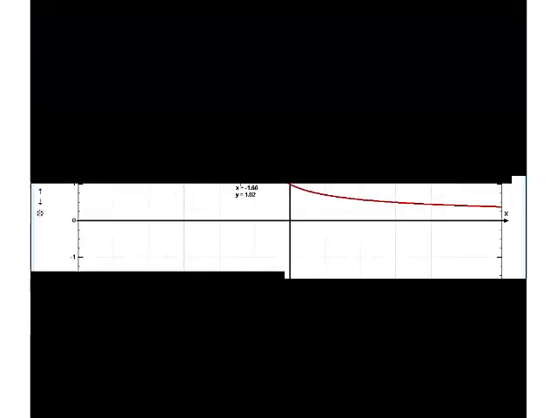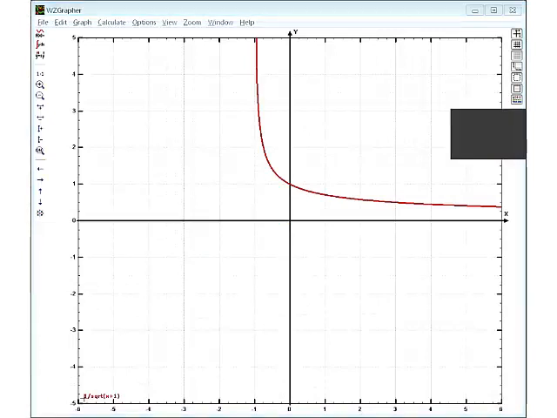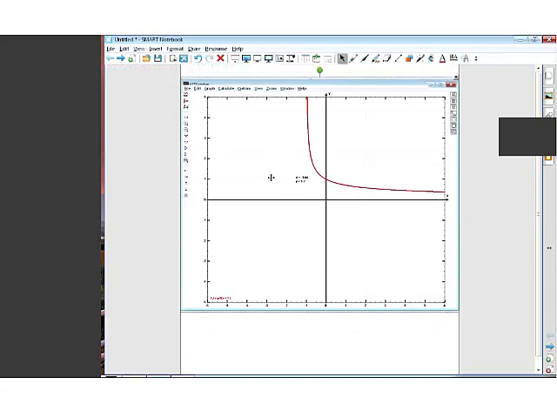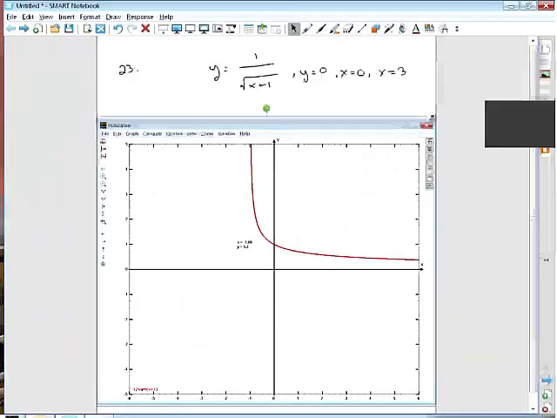Make sure we got the limits right. Far enough along. Yep, we're okay. So let's go back to Smart Notebook. So that is 1 over the square root of x plus 1.